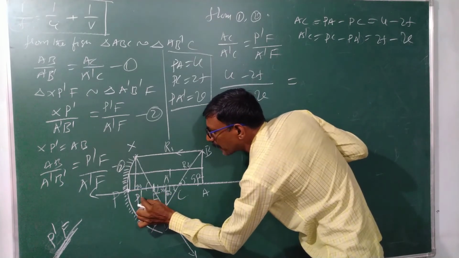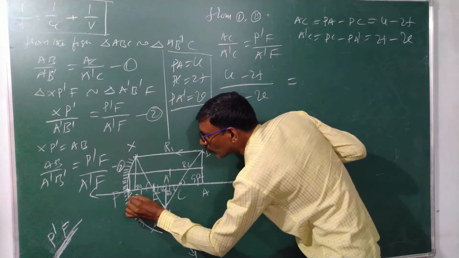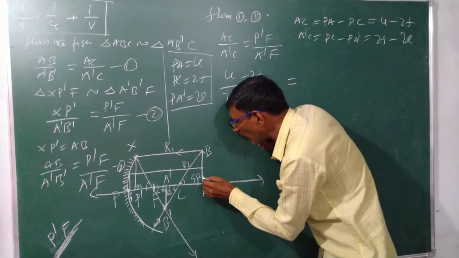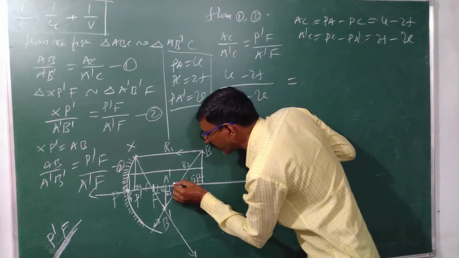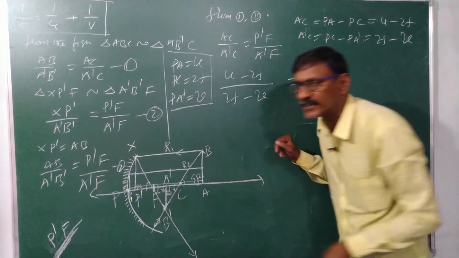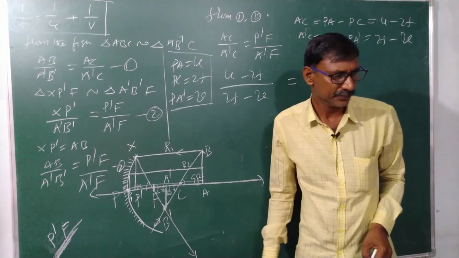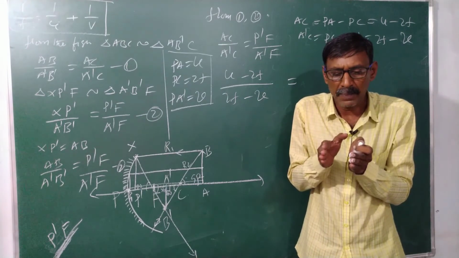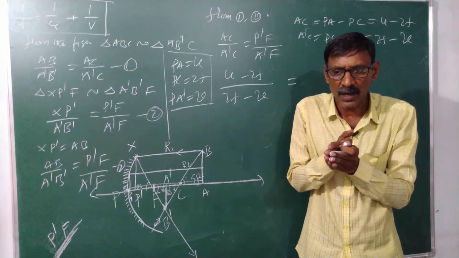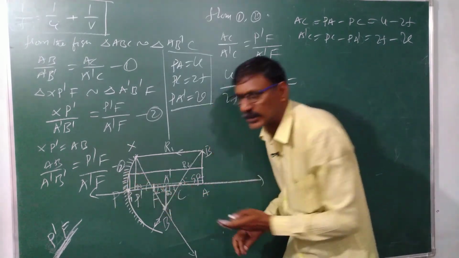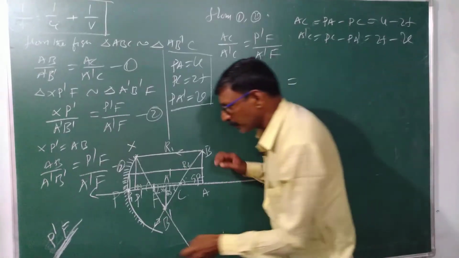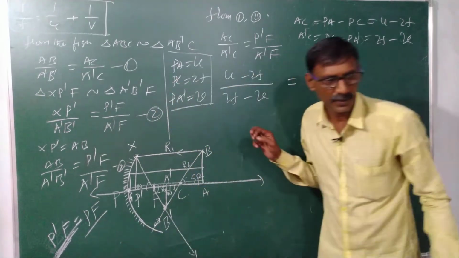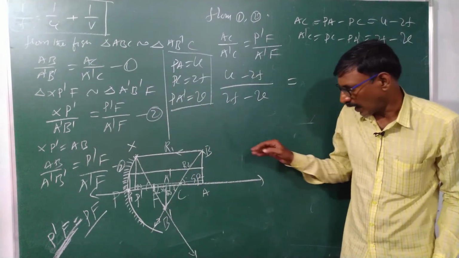At the same time, P dash almost coincides with P. If I go very near to this, it reaches P. The light rays parallel to the principal axis and very near to it, then P dash F must be equal to PF. Am I clear or not?